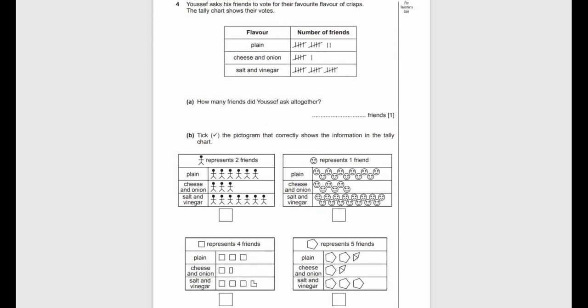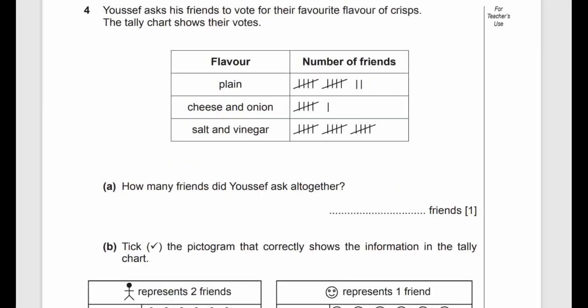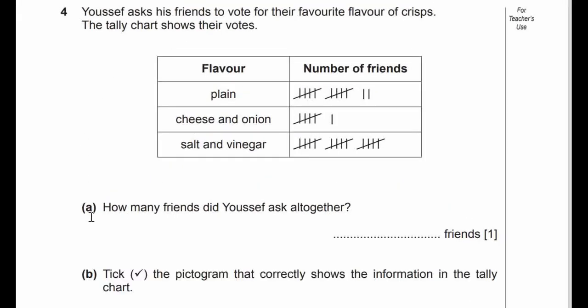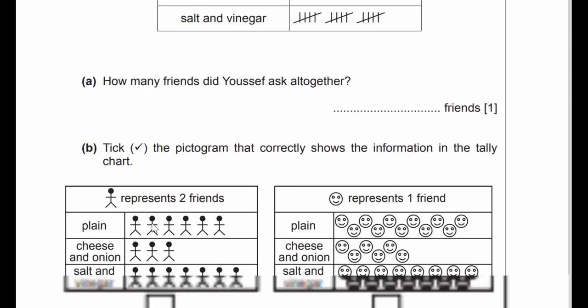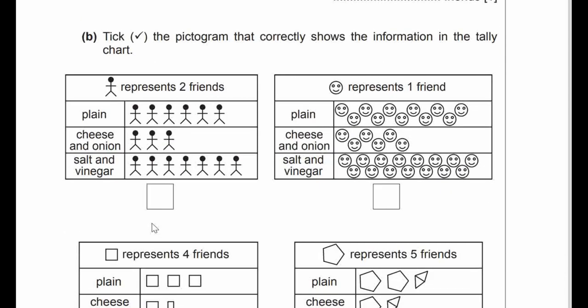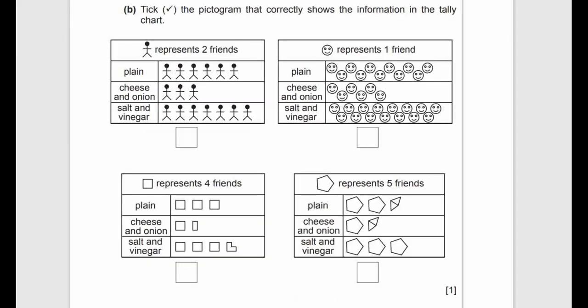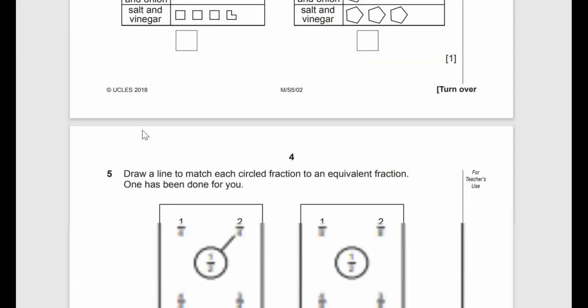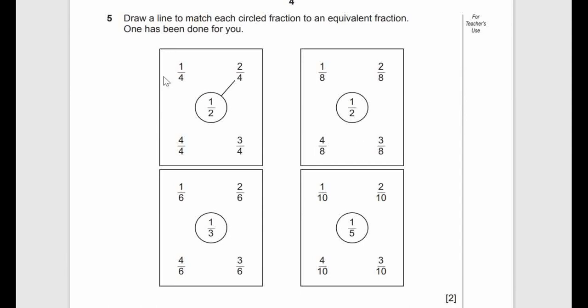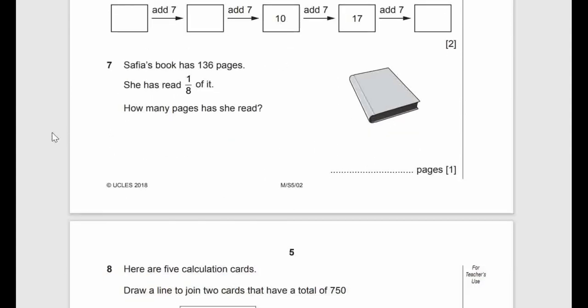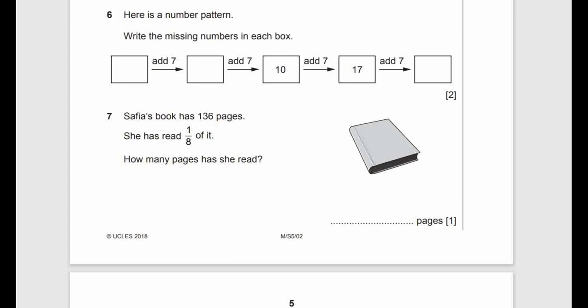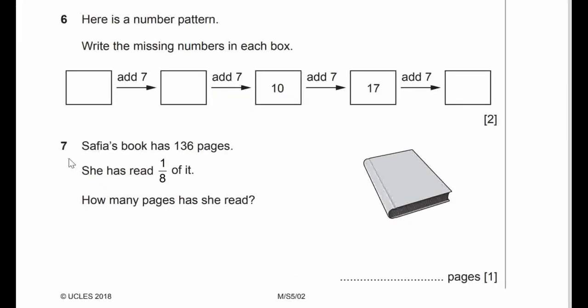And this is the zoomed-in part of 4A. And here we go, this is 4B. Let's move on to question number 5, then 6 and 7.